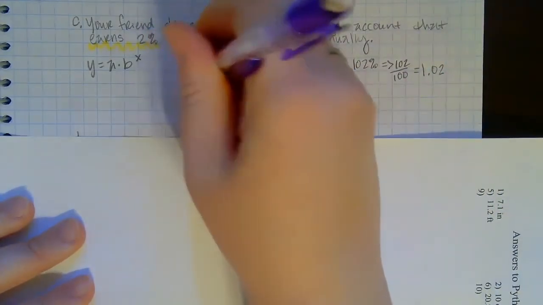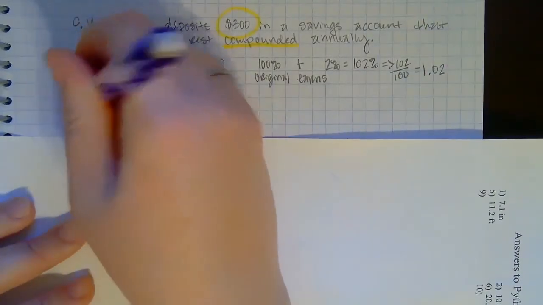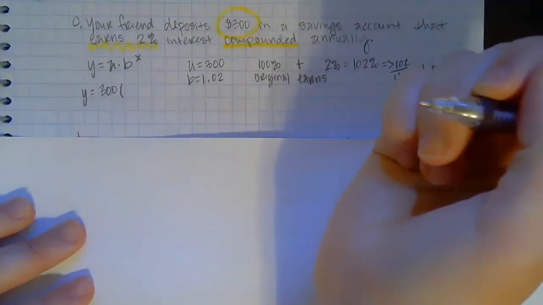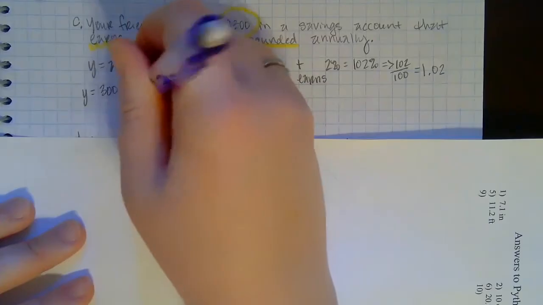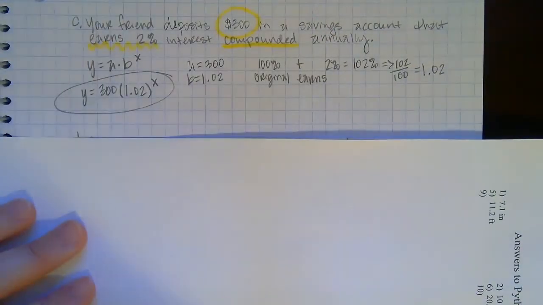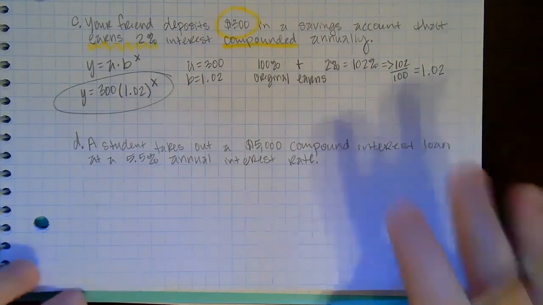So my b value is 1.02. And I can write my equation. y equals, a was 300, times b was 1.02 to the x. Make sure you don't forget your exponent on all of these, because otherwise it's not exponential if it doesn't have an exponent. Let's do one more just to make sure we're doing great here.